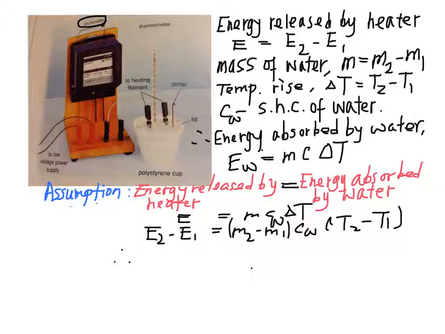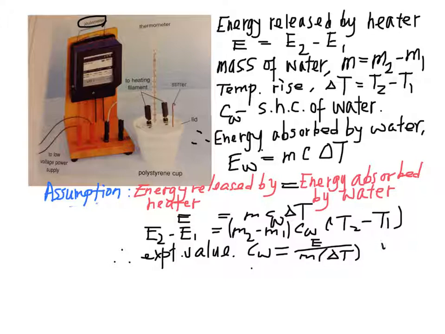Therefore, we can find the experimental value of the specific heat capacity of water, Cw, equal to E over M times delta T.